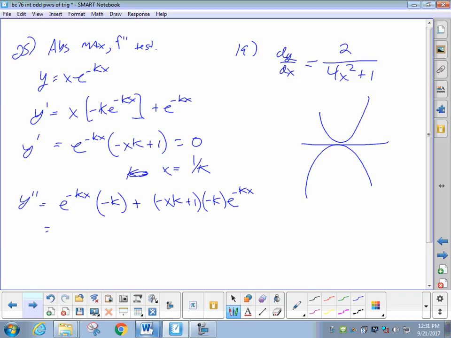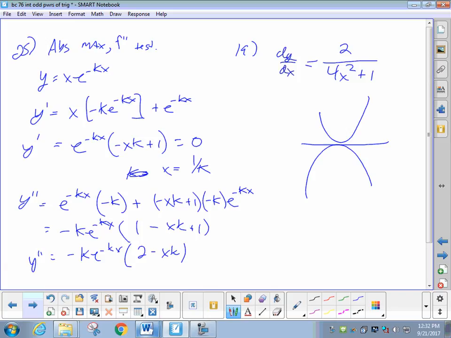If I pull out a greatest common factor of negative k e to the negative kx, I'm left with 1 minus xk plus 1, or negative k e to the negative kx times 2 minus xk. Are we cool?